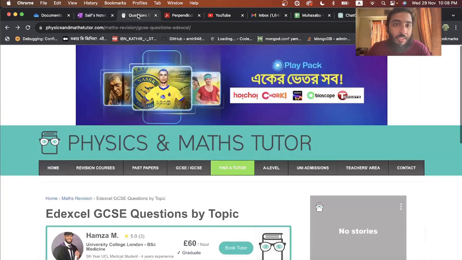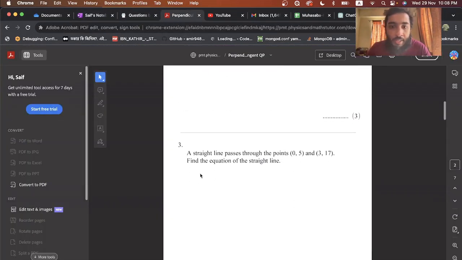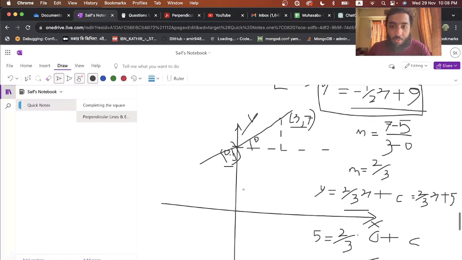And in the second question, we are given 2 points. We have to find the equation of the straight line. So we found the value of the slope, which is the difference of y coordinates divided by the difference of x coordinates, which is a formula. We can clearly see the difference is 7 minus 5 over the difference of x coordinates.